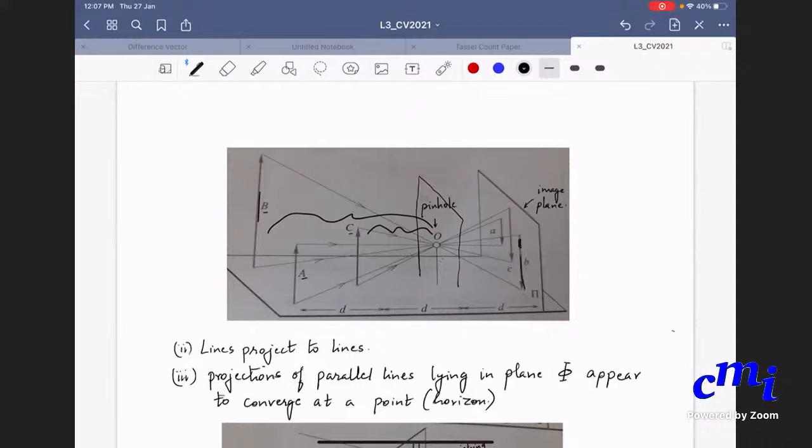In this case, the design has been done in such a way that C and B appear to be of the same size. So I don't know if you have seen this. What is it called?